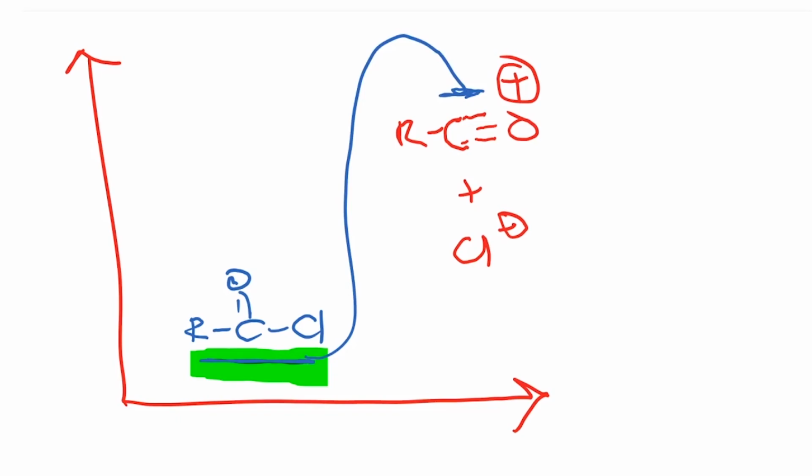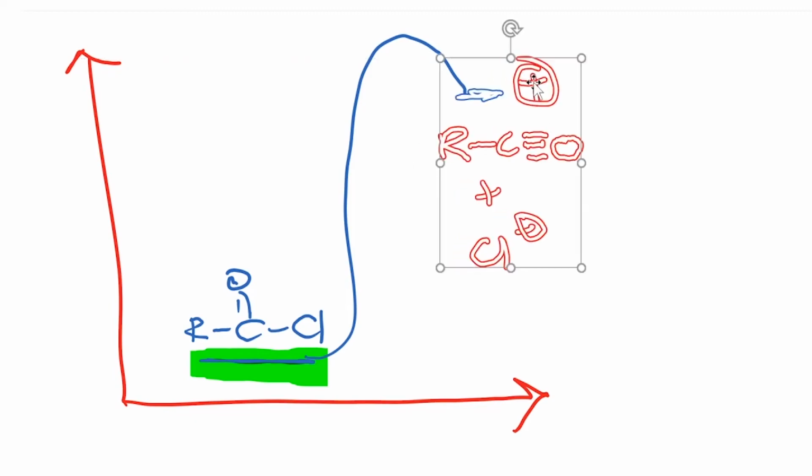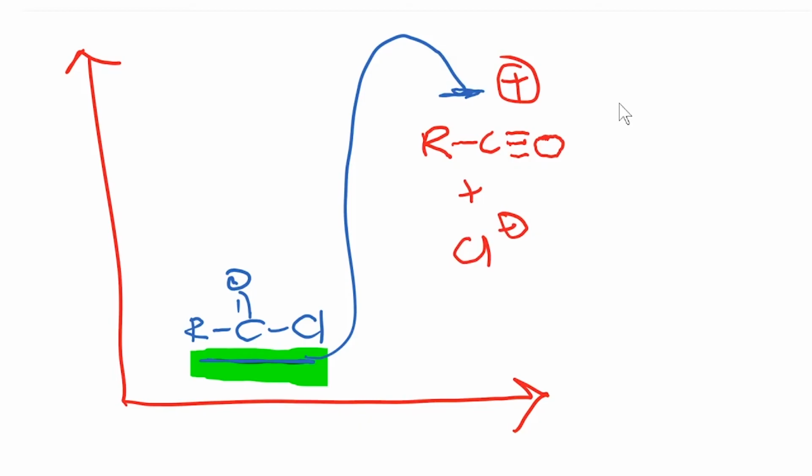I'm just going to redraw this so that it's a little clearer over here. So basically this is R C 1 2 3 oxygen, and then there is a positive charge. This positive charge is going to be mainly located on the oxygen. We'll get back to that concept a little bit later during the problem solving session.